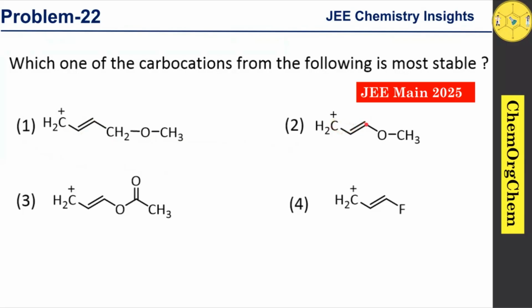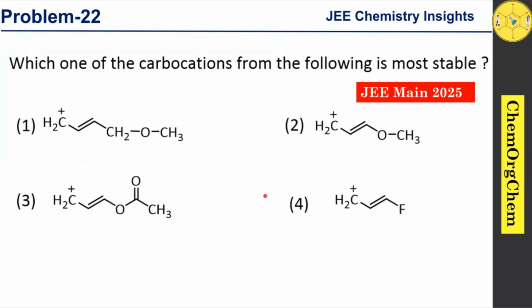It contains one methoxy substituent. Moving on to our third structure, again this one is also an allylic carbocation that contains an ester functional group. And fourth structure, our final option, we have an allylic carbocation next to a fluorine atom.